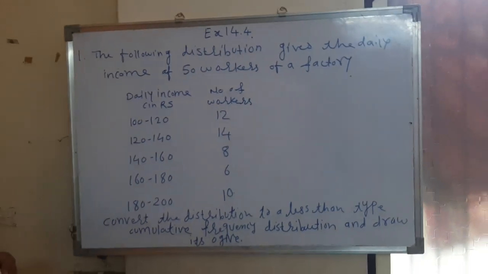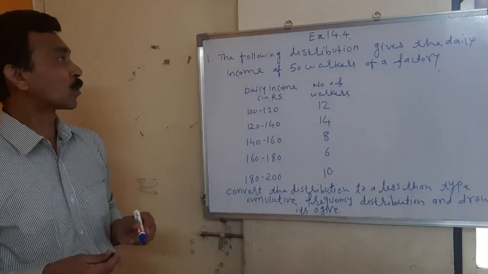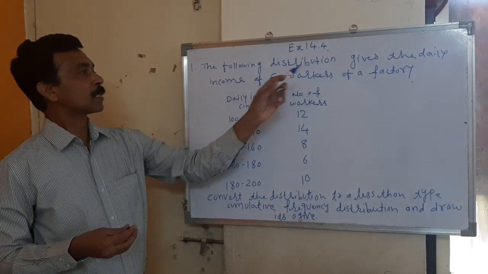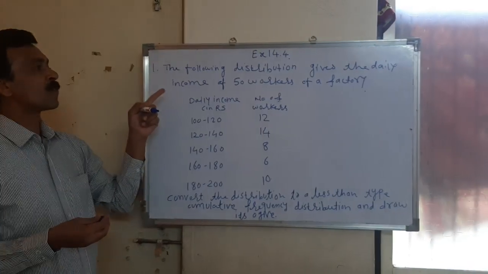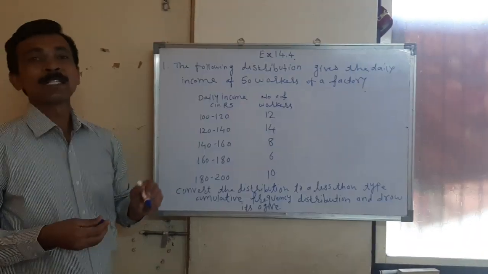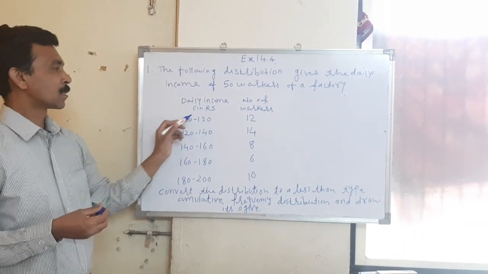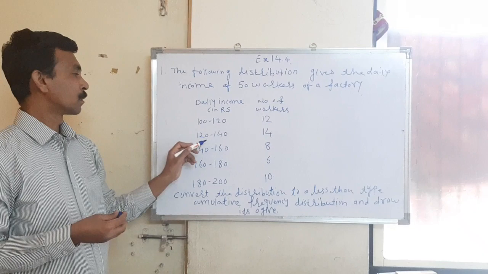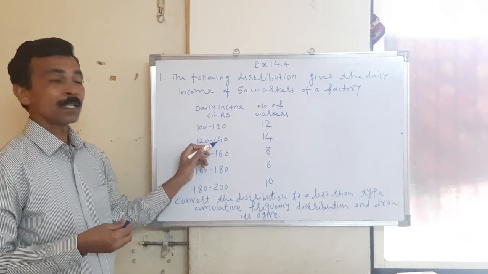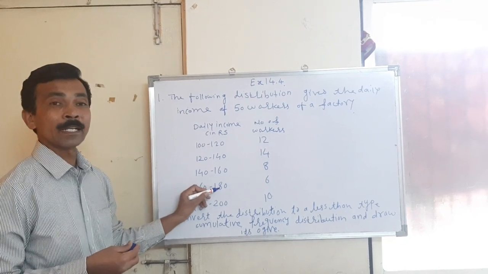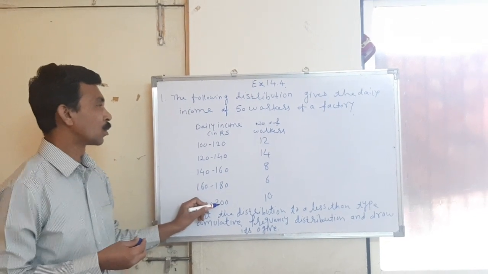Now we'll see the first example of exercise 14.4. The example is, the following distribution gives the daily income of 50 workers of a factory. Daily income in rupees: 100 to 120, 120 to 140, 140 to 160, 160 to 180, and 180 to 200.